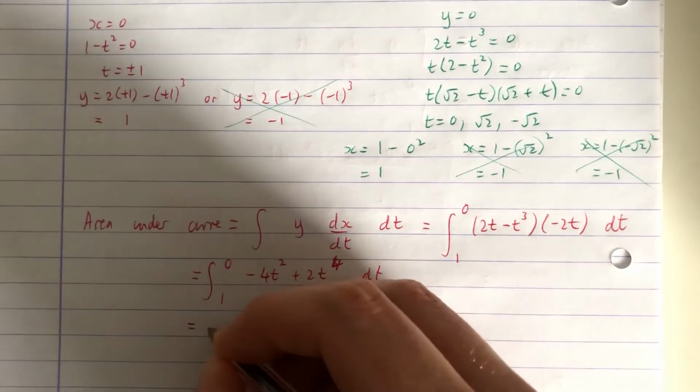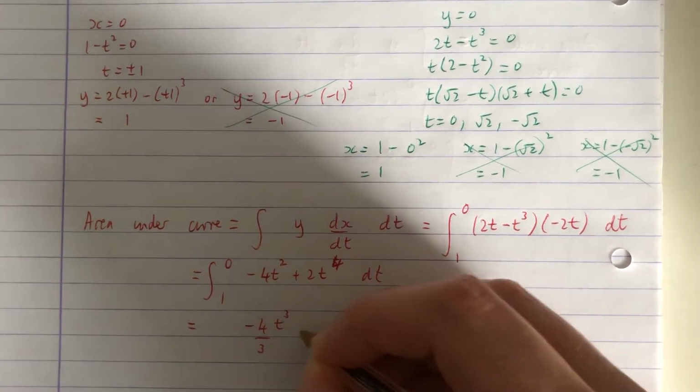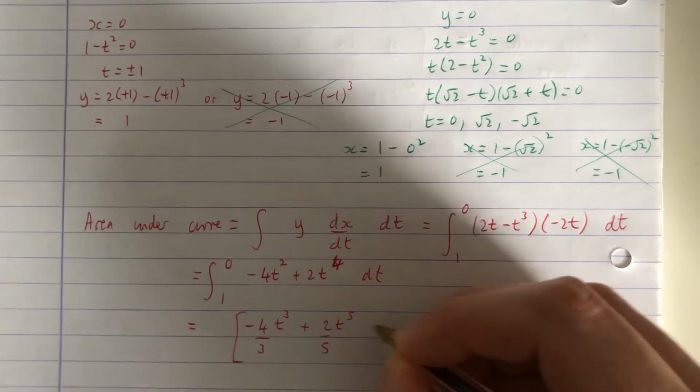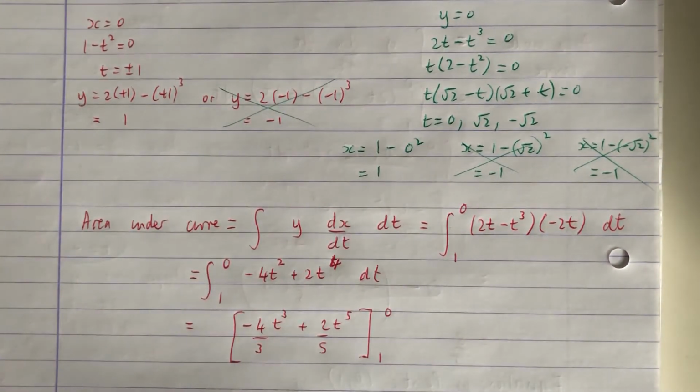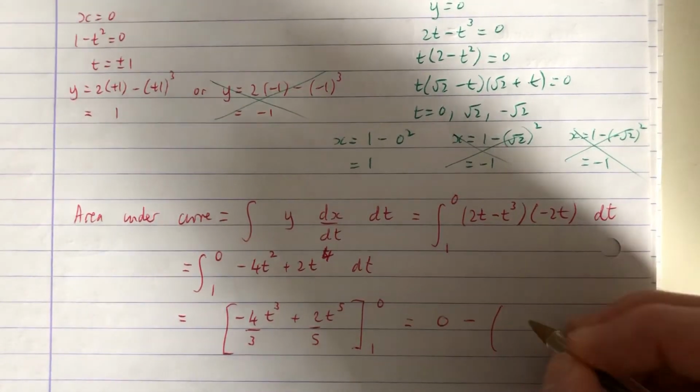Okay, let's add 1 to the power. Divide by the new power. Add 1 to the power. Divide by the new power and substitute in the limits. Upper limit goes in first. Lower limit goes in second.